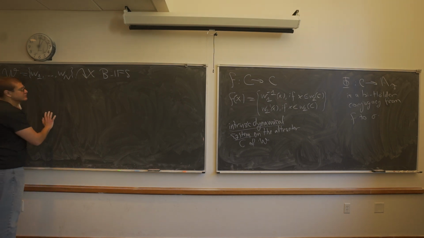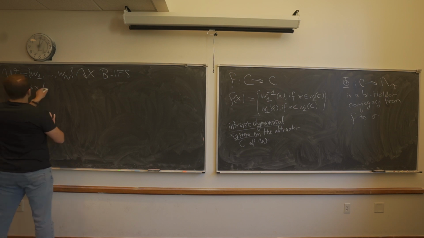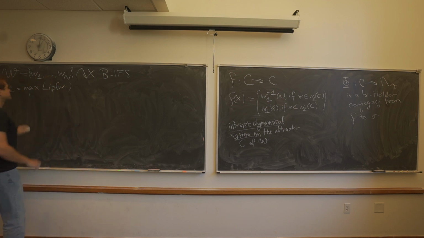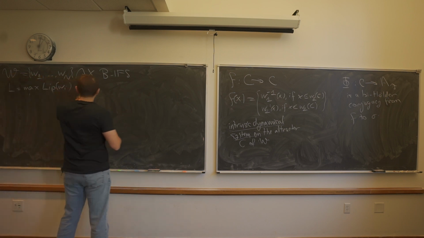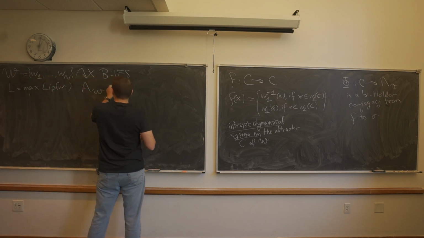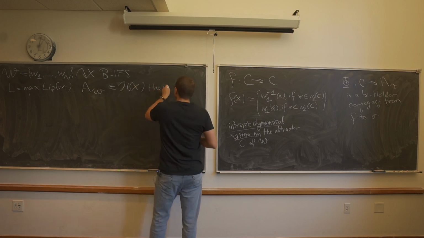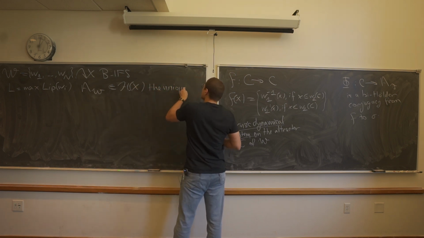It's going to be a number less than 1. Let A sub W be the unique attractor of this B-IFS.